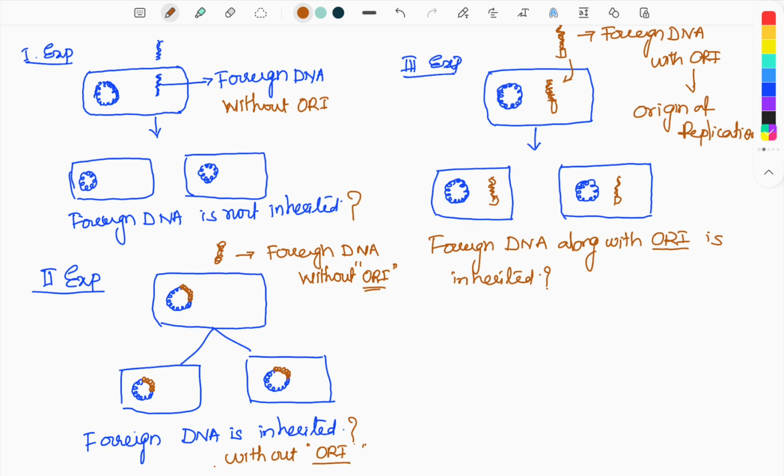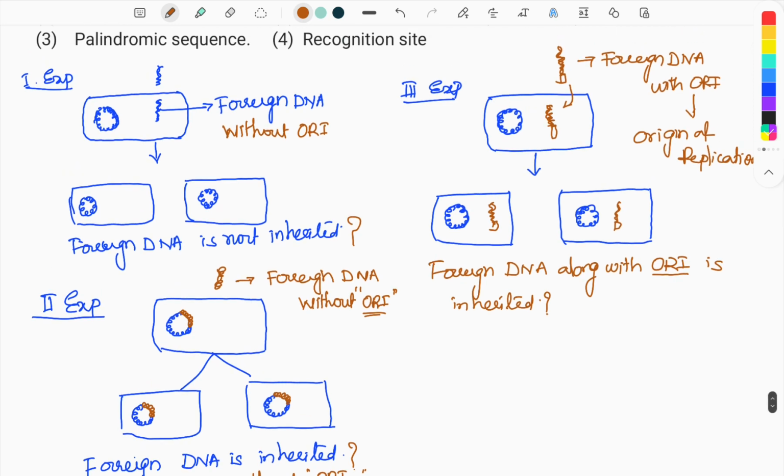So ORI is compulsory for replication of DNA. Without ORI, it cannot be replicated. Of course, it can be replicated, but only when it is attached to the bacterial DNA that is having the ORI. And in the third case, you see, the bacterial DNA, of course, is having ORI, and the foreign DNA is also having ORI.